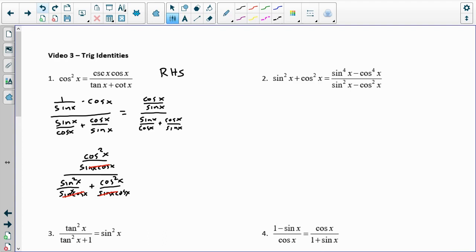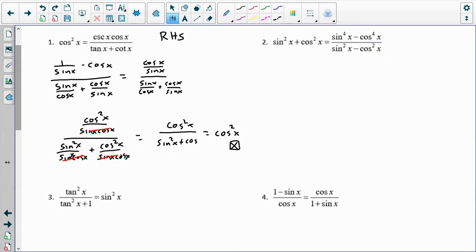I needed another x there, sorry about that. But all those things cancel, and I end up with cosine squared x over sine squared plus cosine squared. Now, one thing that we have to remember, and hopefully we know by now, is that sine squared plus cosine squared is 1. So this is just equal to cosine squared, which is what the left-hand side is.